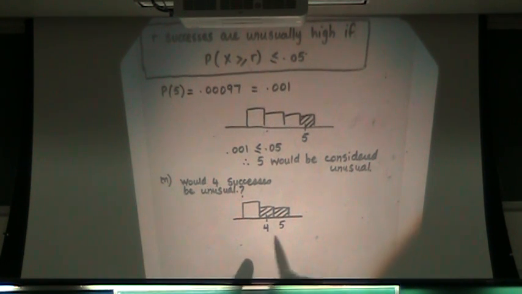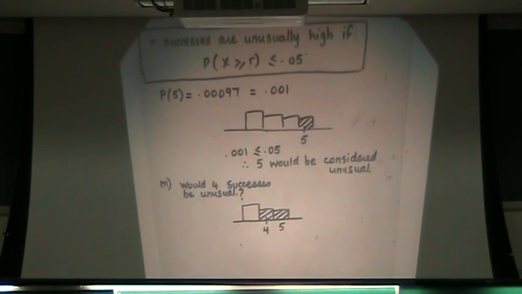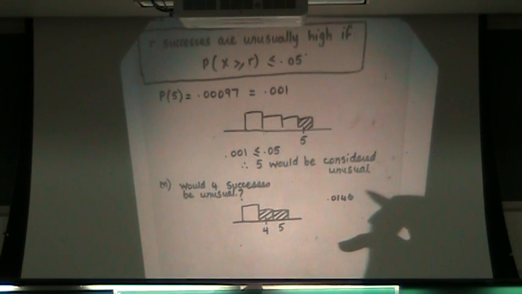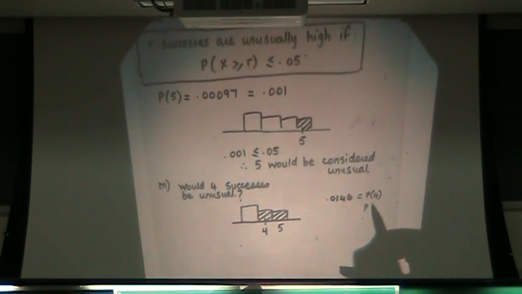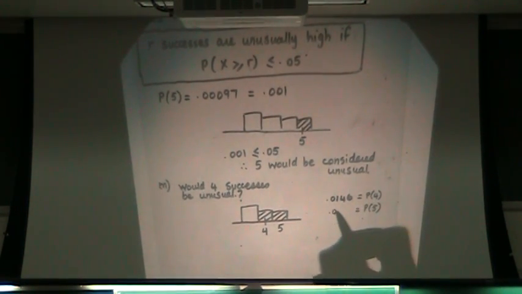Okay, so what was the probability of 4 in this problem? Remember, we created a whole table of values. It's on the other page. If you flip, yeah, read me the probability of 4. 0.0146 is the probability of 4. And the probability of 5 we just said was 0.001.